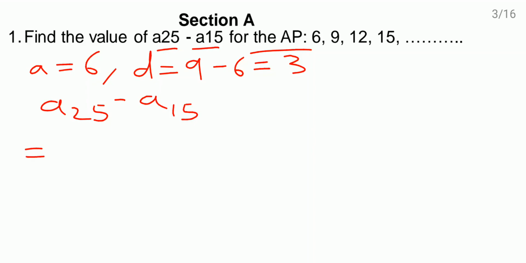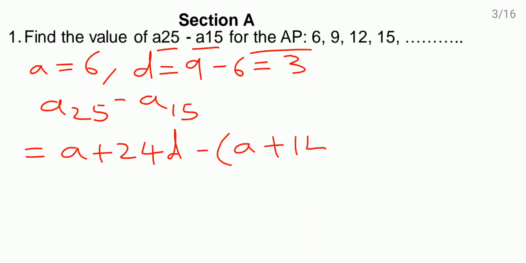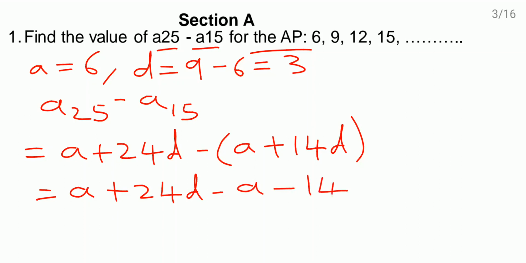So here I'll write down A25 means A plus 24D, minus the 15th term, which means A plus 14D. We'll open the bracket here: A plus 24D minus A minus 14D.